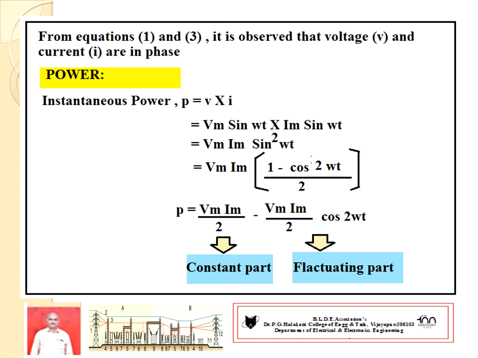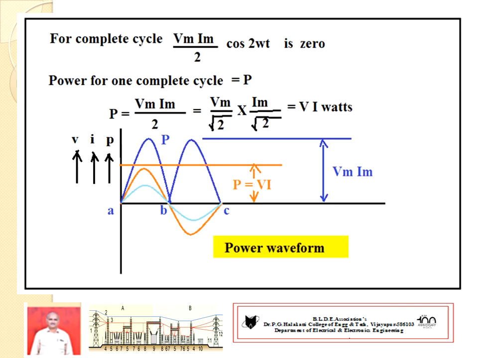Once again, the fluctuating part of the instantaneous power is 0 for one cycle. Hence, we calculate power for one cycle. It is well known as average power. Average power equals Vm Im divided by 2, because the fluctuating part is 0.